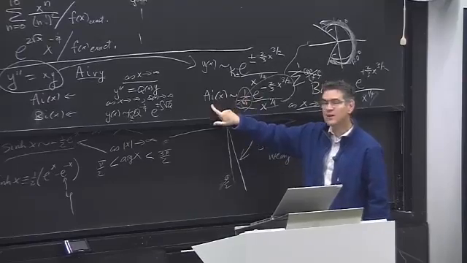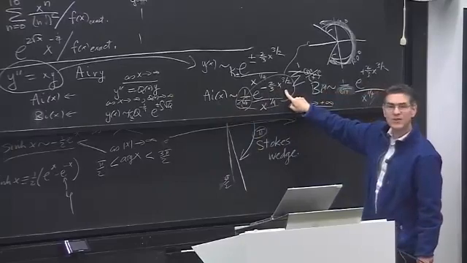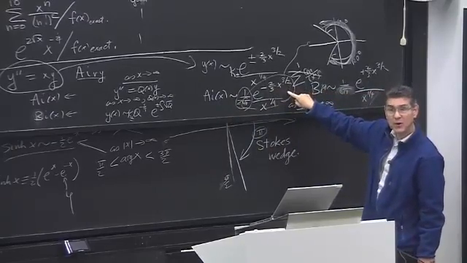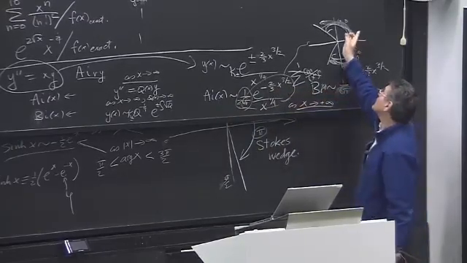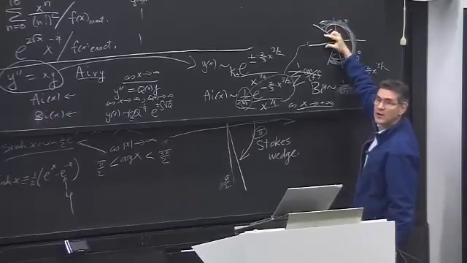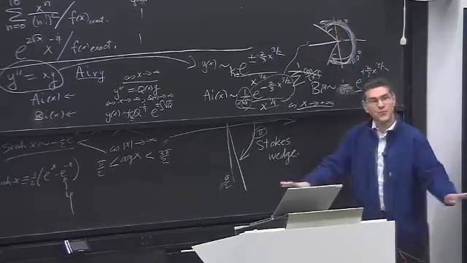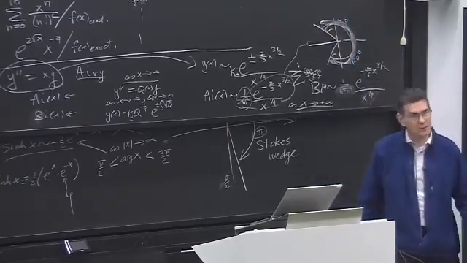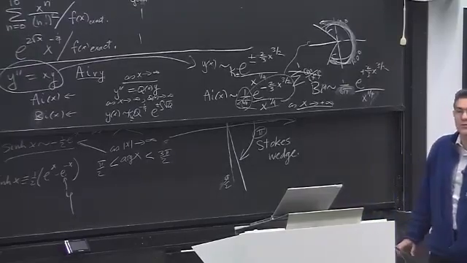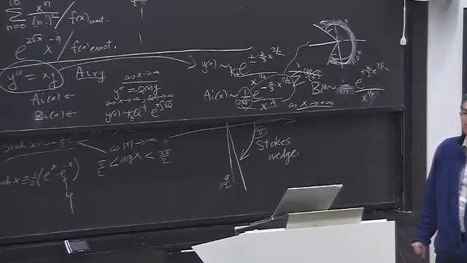If you analytically continue Ai of x, and you analytically continue its asymptotic approximation around and around and around, all of a sudden when you get to 120 degrees, the asymptotic approximation fails.